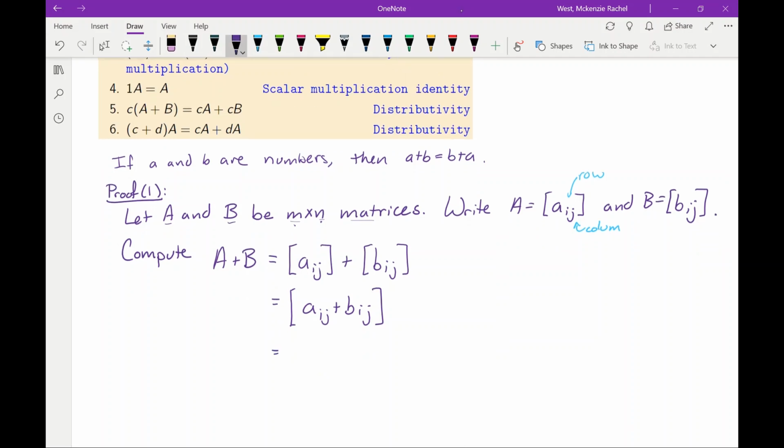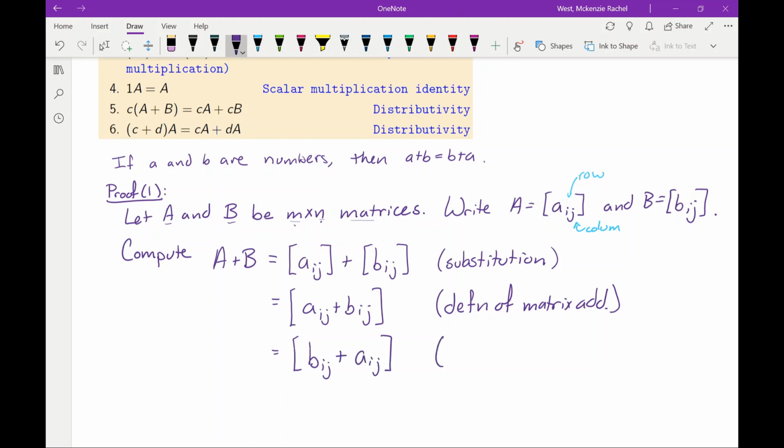Alright, and now, so this is, let's see here, substitution in the first step. We want to justify every step. We did substitution, then we did definition of matrix addition. Alright, and now, at this point, these are real numbers. A sub ij and B sub ij are real numbers.